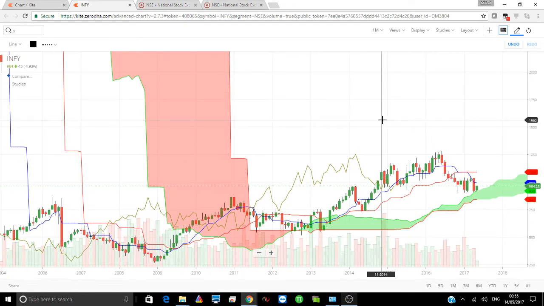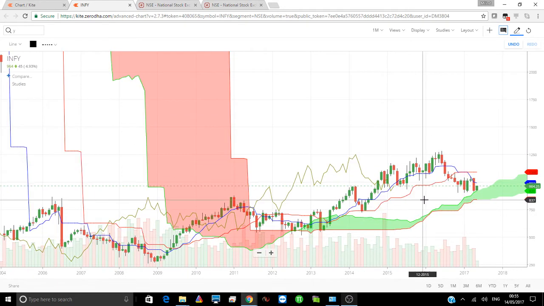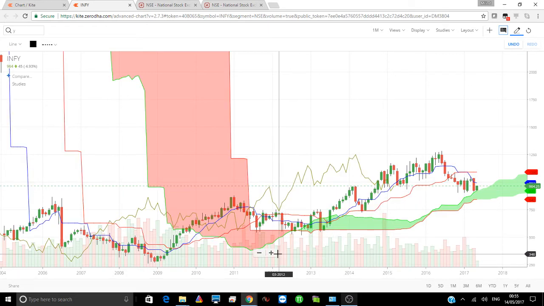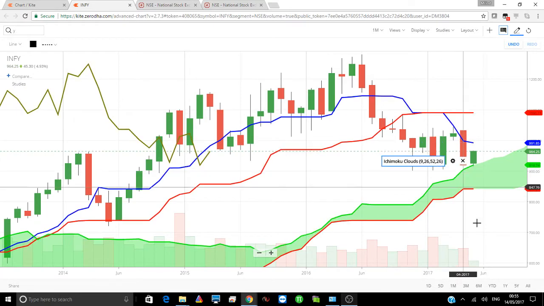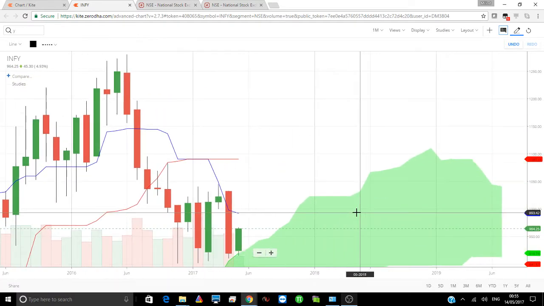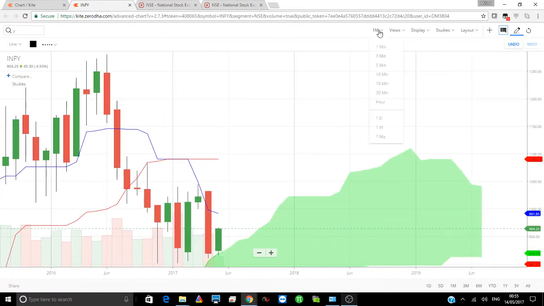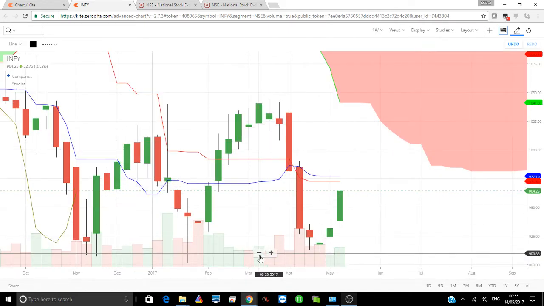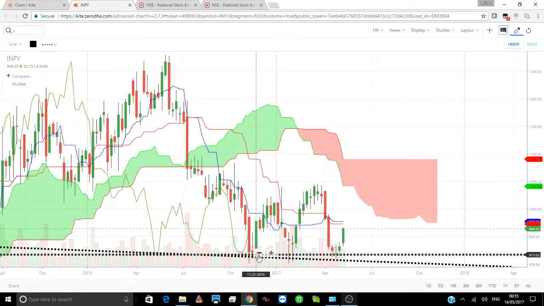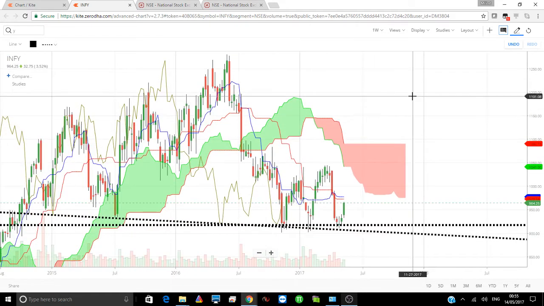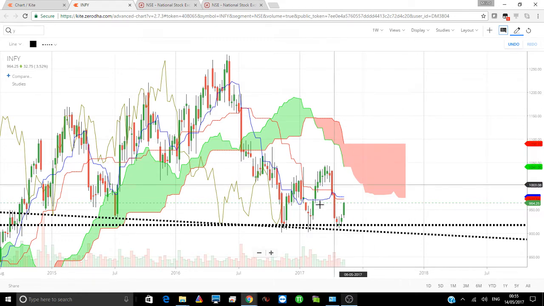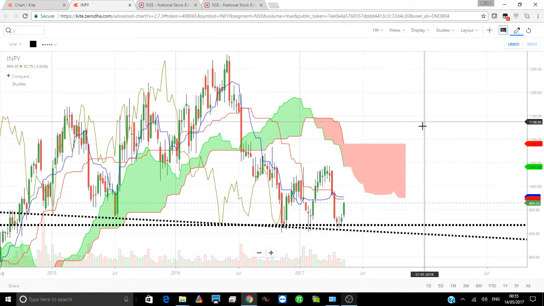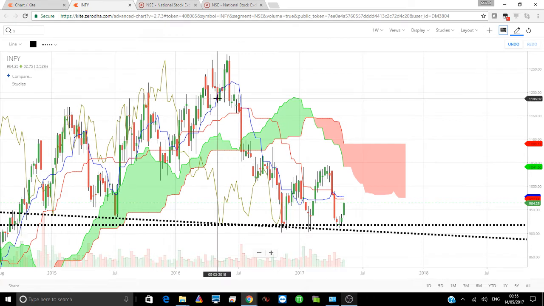So the monthly cloud is very strong, and it is planning to take support from the monthly cloud. The weekly cloud is red. Will I take this position? Absolutely not. I do not want to touch this counter at this point in time till the time it is successfully above the weekly cloud.